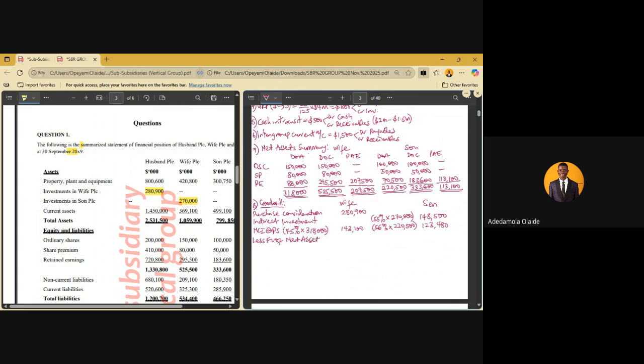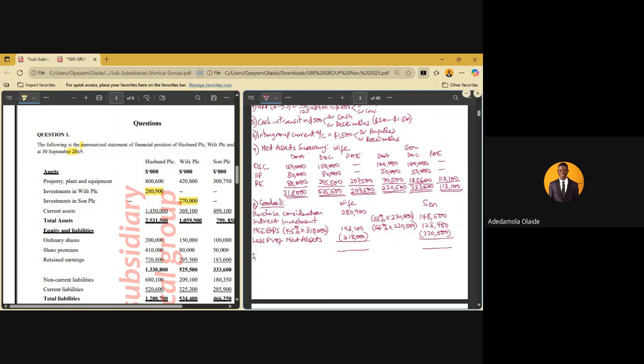Fair value of net assets in this case will be 318,000, while in this case it will be 220,500. And that will give us how much? Since they did not tell us there was any impairment of goodwill, whatever it gives us is the balance.